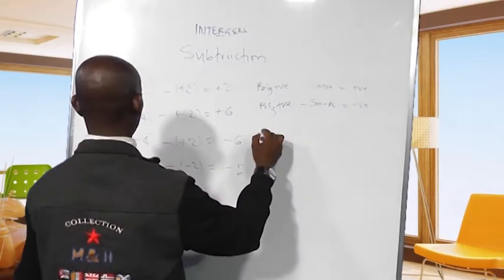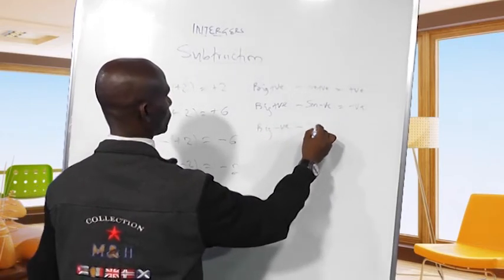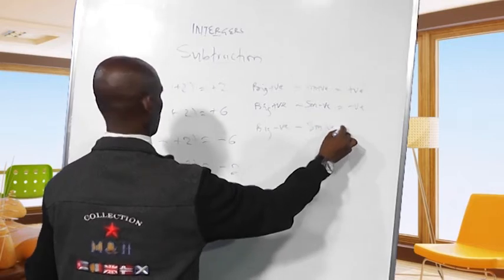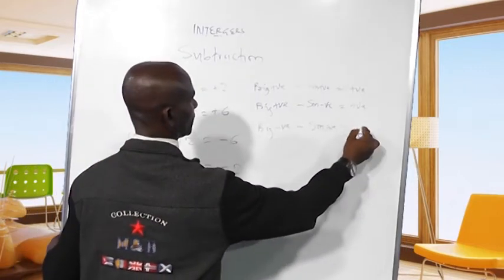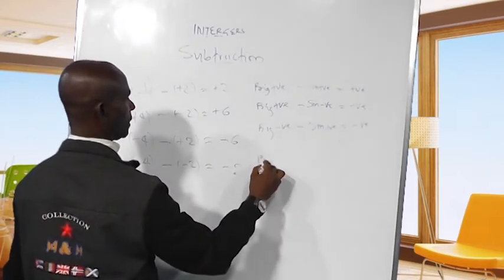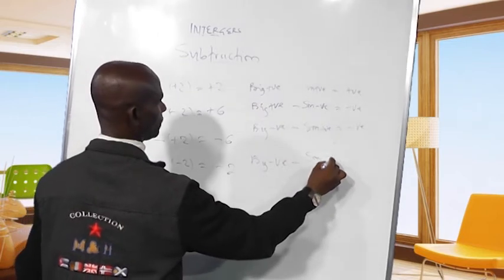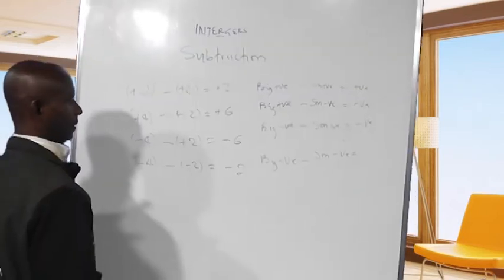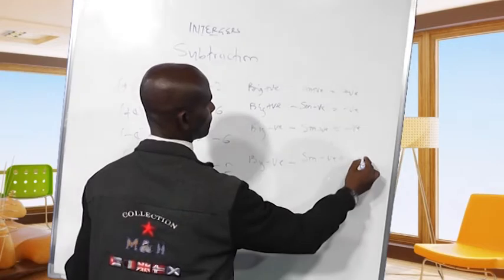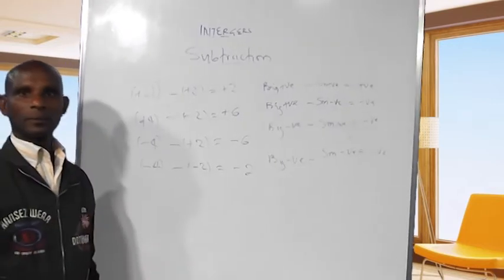We have big negative minus small positive is going to give us negative. Here we have big negative minus small negative. We have a negative. That's a summary of subtraction.